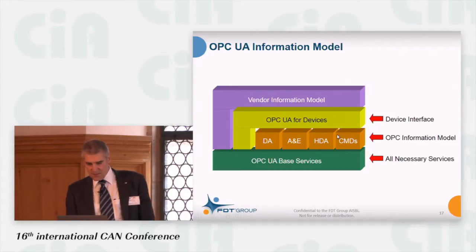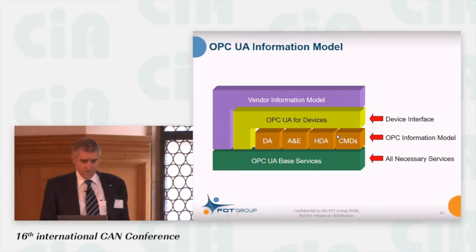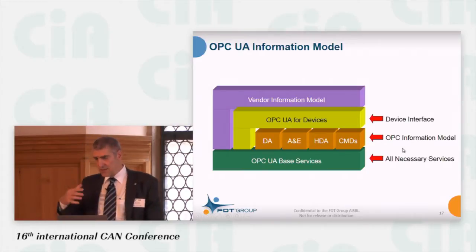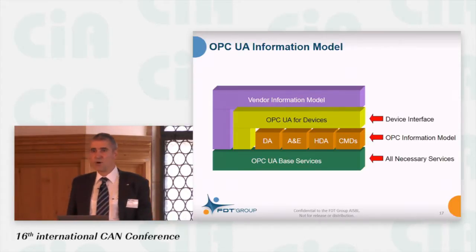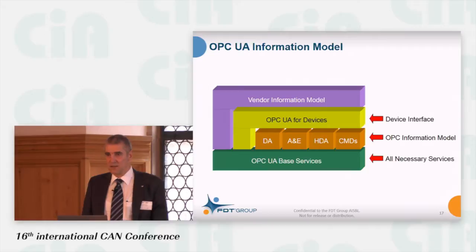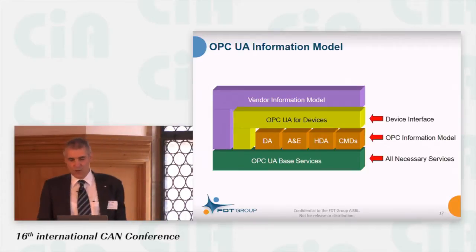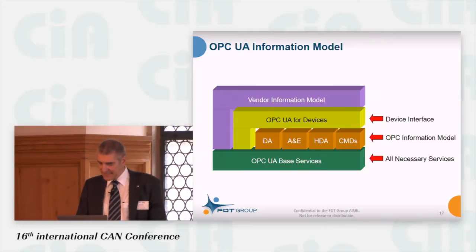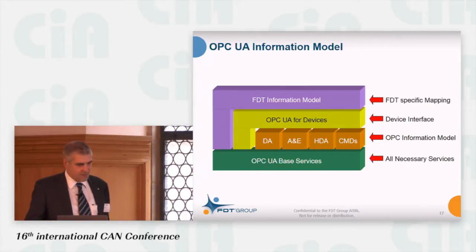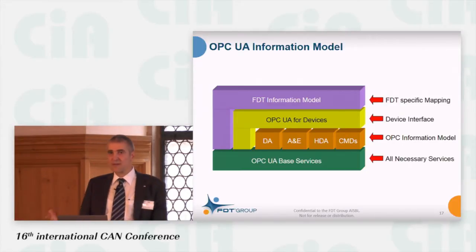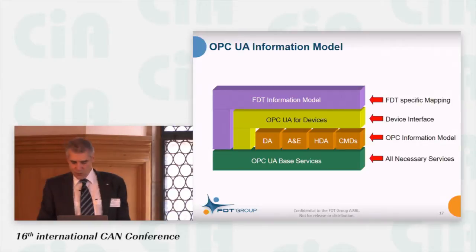These are the orange building blocks. Then you have an additional specification in OPC UA, which is called OPC UA for Devices. It defines a model for field devices, and on top you can add your own model, a vendor model. And for FDT, of course, we have done this FDT information model with a specific mapping from the FDT model to the OPC UA model.